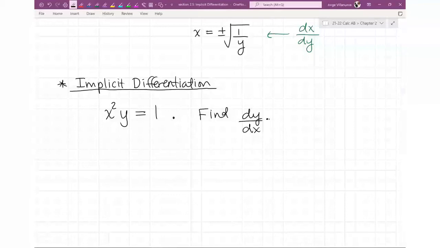And you have to make sure you mention it if you ever take a derivative of something that's not an x. Let me show you what that looks like. So x squared y, that's a product. According to the product rule, I'm supposed to take a derivative of x squared first.